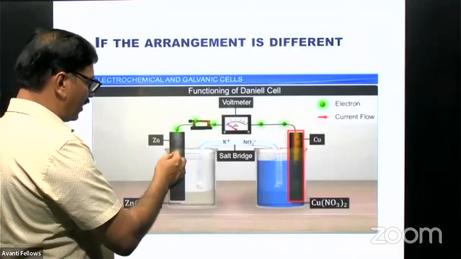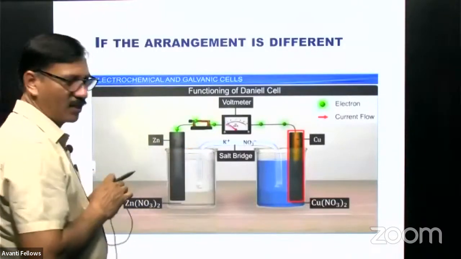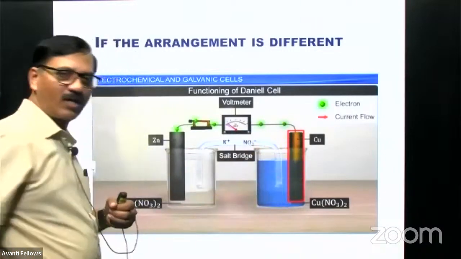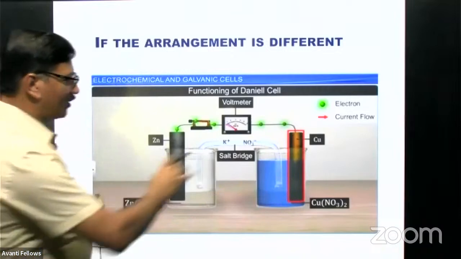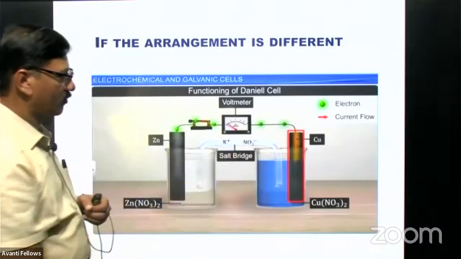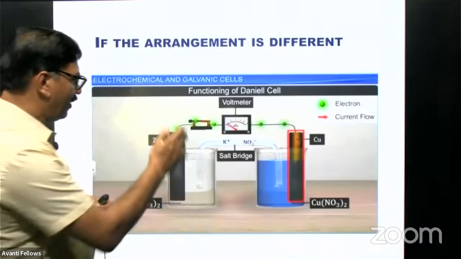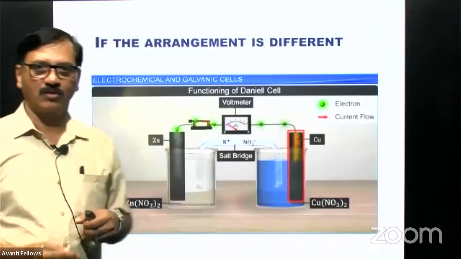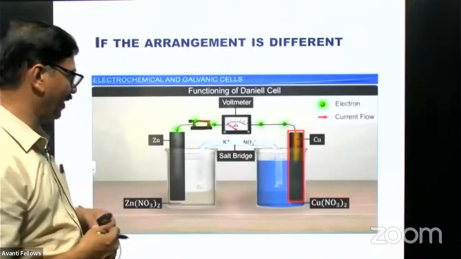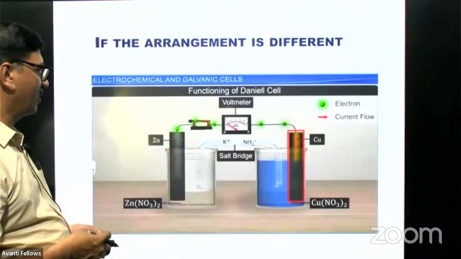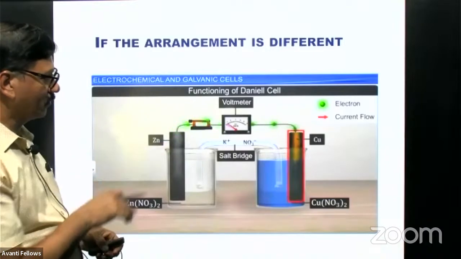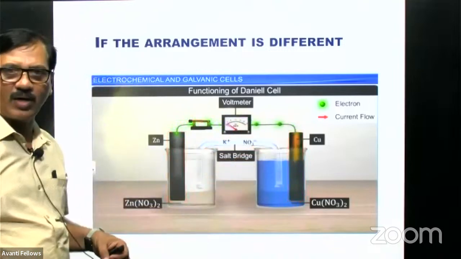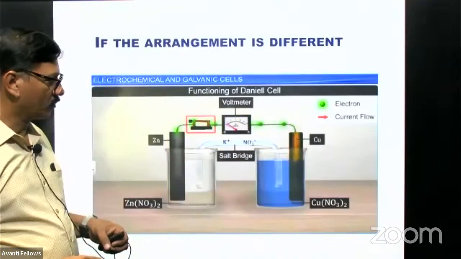If zinc is dipped in zinc sulfate solution, its own ionic solution, and copper is dipped in its copper ionic solution, both are separated by a salt bridge, and the two are connected with an external wire, then we find that current flows when the circuit is closed.